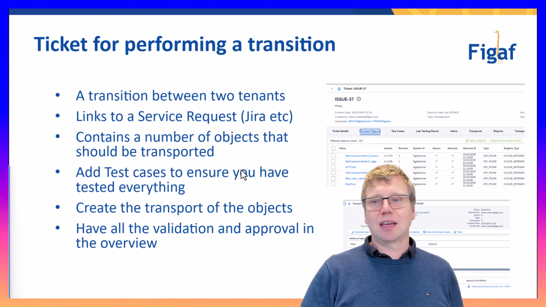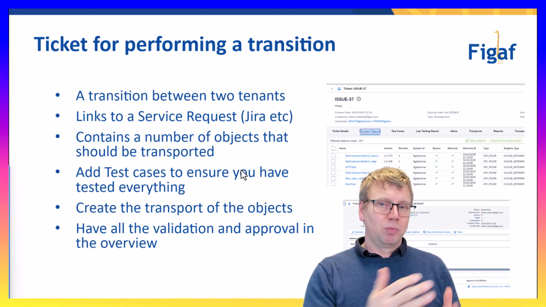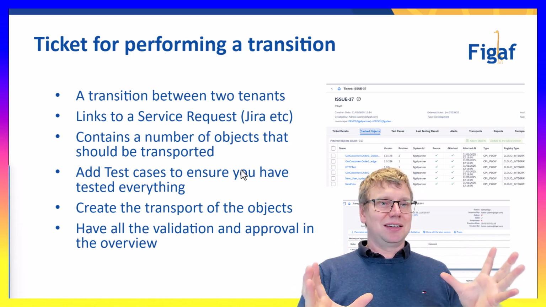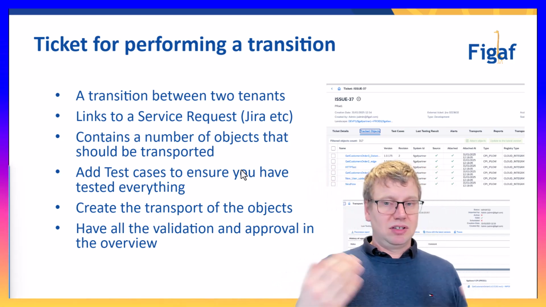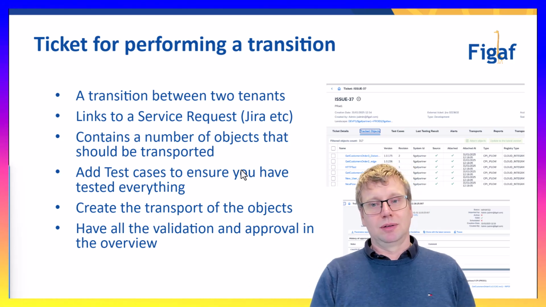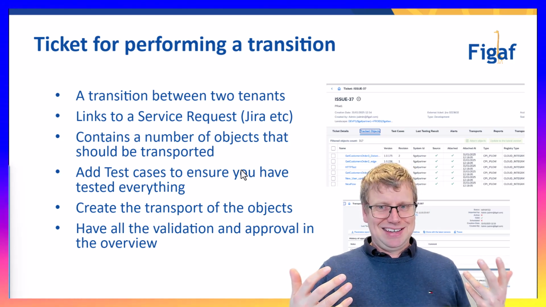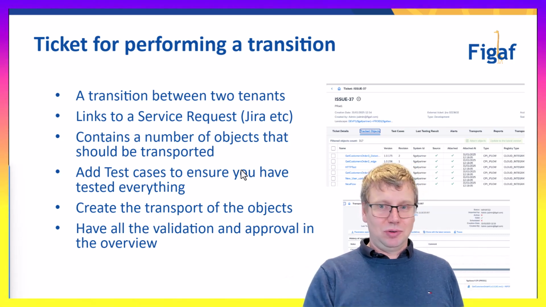You can add test cases, and once you have defined what you would be using, you also put in a Jira link so you know in Jira what's the reason why you're working on this, because you should not change anything unless there is a good reason to do the change.